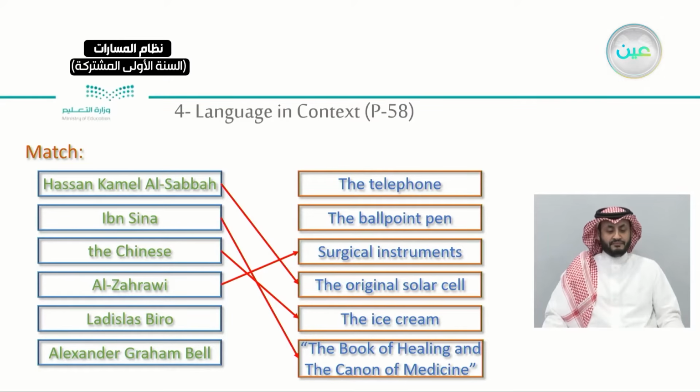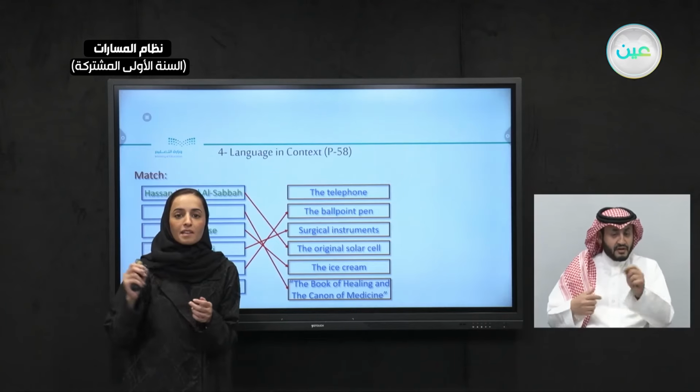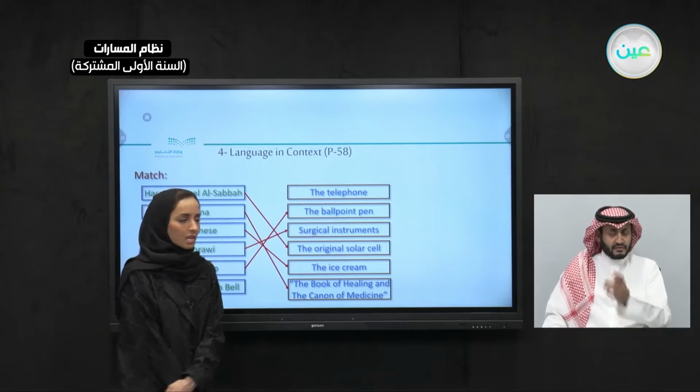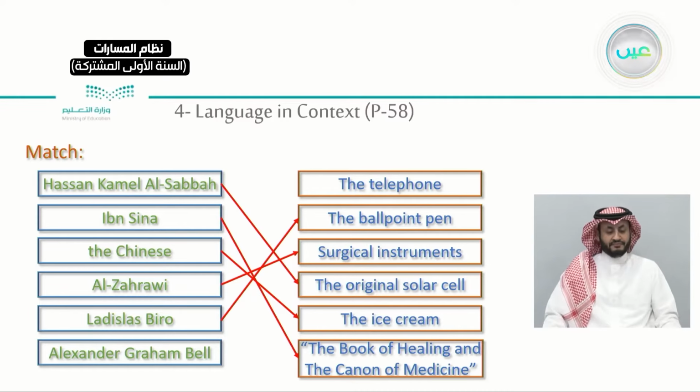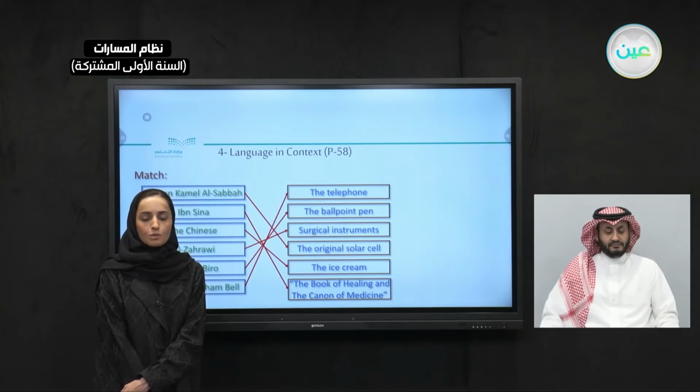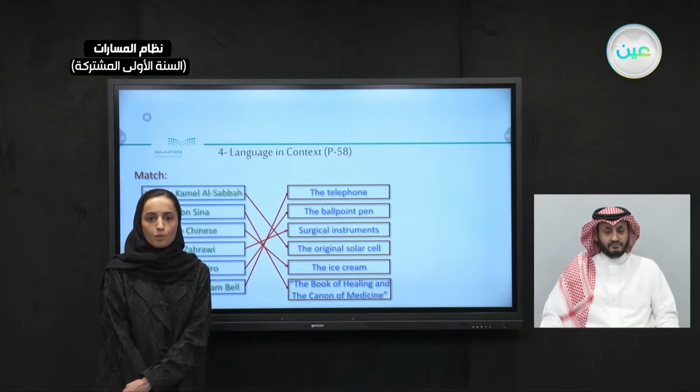Al-Zahrawi. Ladislas Biro, he's responsible for something that we use every day. He is responsible for the ballpoint pen, the pen, not the pencil, that we use to write our homework or anything. Alexander Graham Bell is responsible for the telephone. The invention of the phone, Alexander Graham Bell is responsible for.